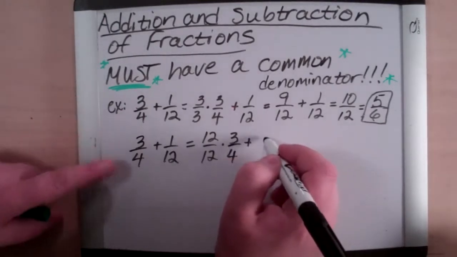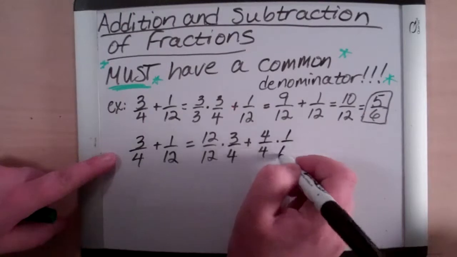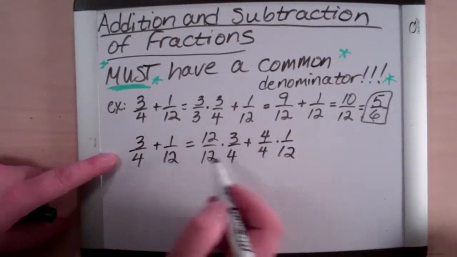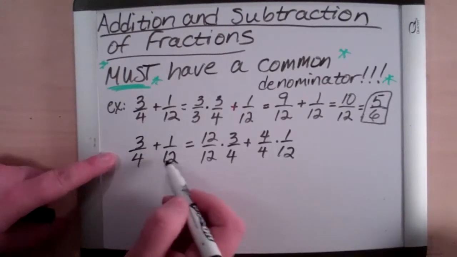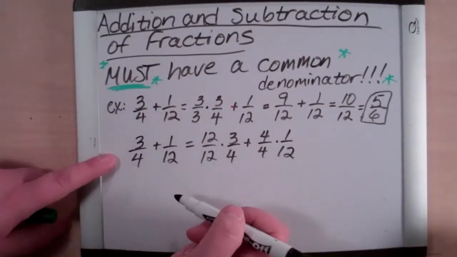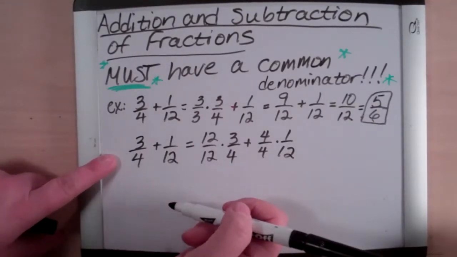I'll add it to 4 over 4 times 1/12. In this case, I've constructed forms of 1 out of the other denominator.